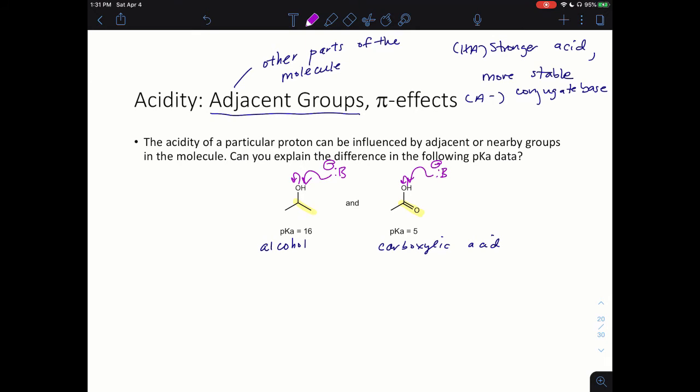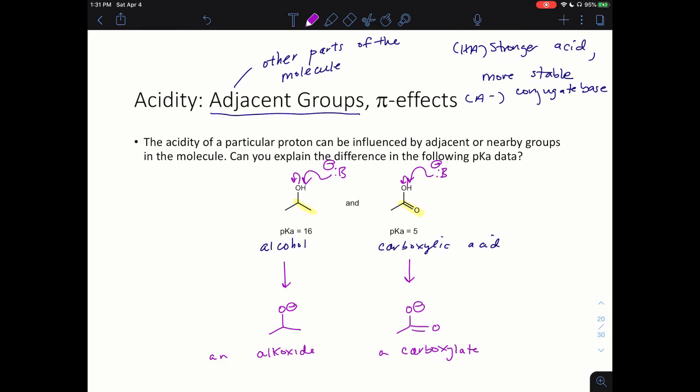So you can try if you beat me to it here. Isopropanol is converted to isopropoxide, and the acetic acid is converted to acetate. But generically, we have an alkoxide versus a carboxylate.